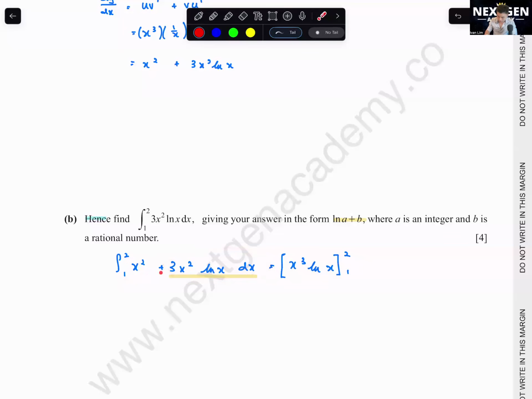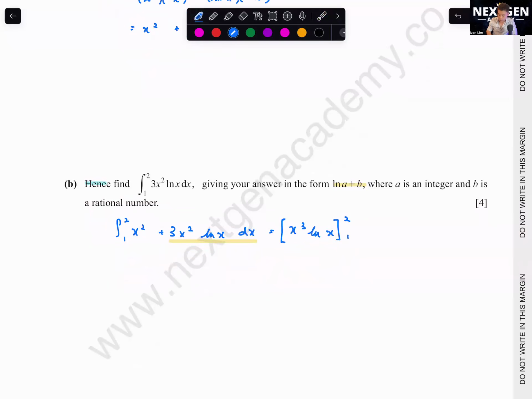So plus and minus, you can split it up. So we will write it like this. Integrate 1 to 2 x squared dx plus integrate 1 to 2 3x squared ln x dx equals, okay, this one you can sub in, but later only we sub in. ln x 1 to 2.